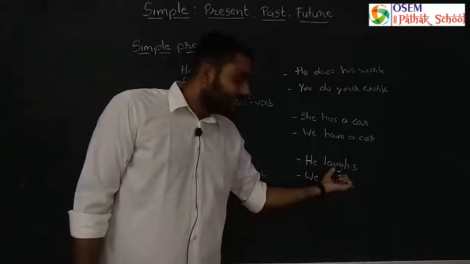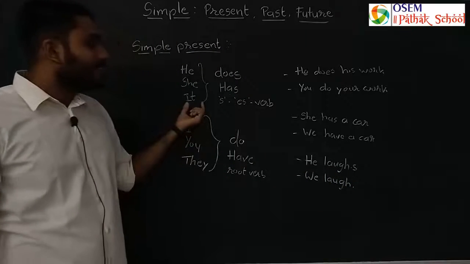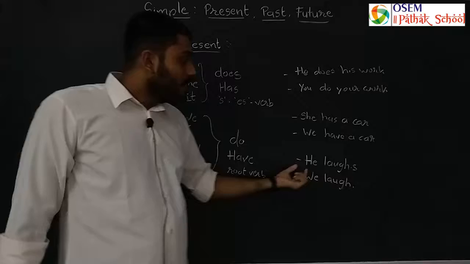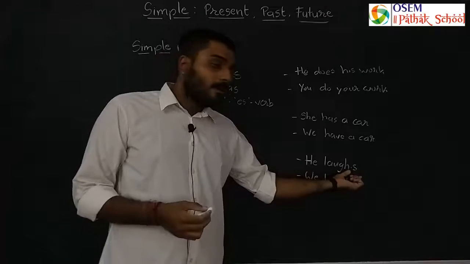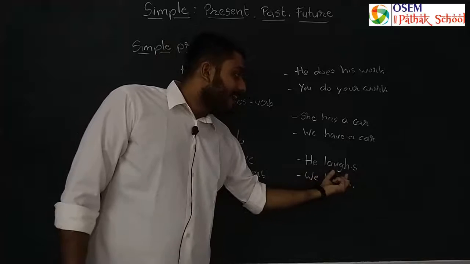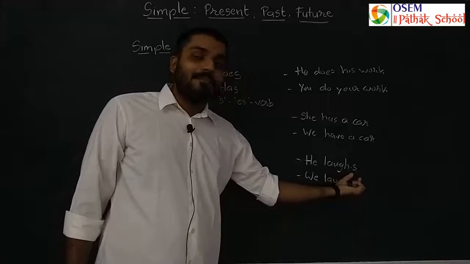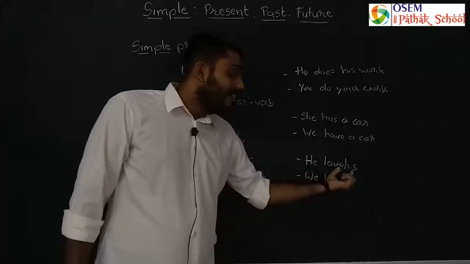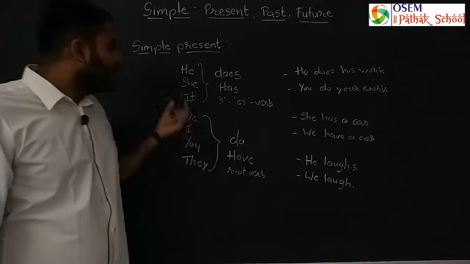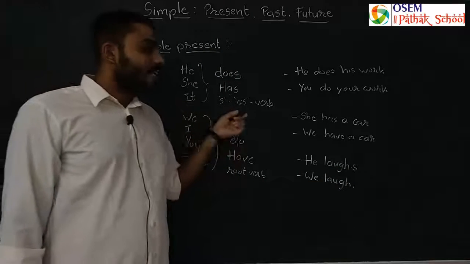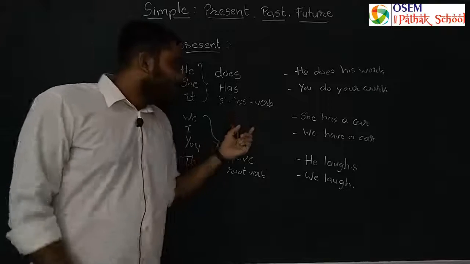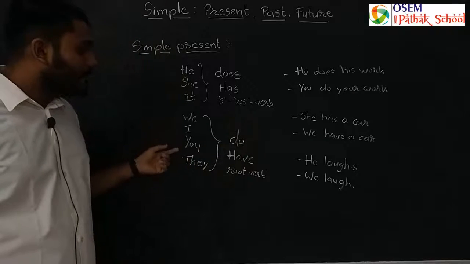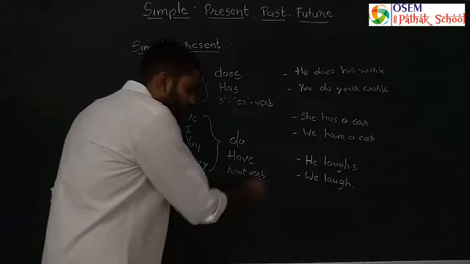So laugh के साथ अगर हम यूज करते हैं he, she, it, तो I will have to add s or es at the end of the verb. So laugh के साथ मैंने यहाँ पर end में लिखा है s. He laughs. So he, she, it के साथ हमें s और es verb के end में add करना है. And with I, we, you and they, we will use the root verb.